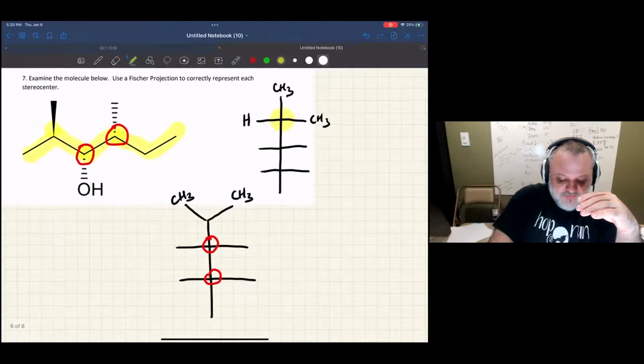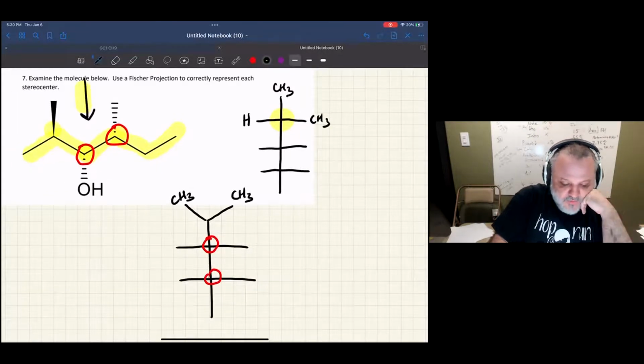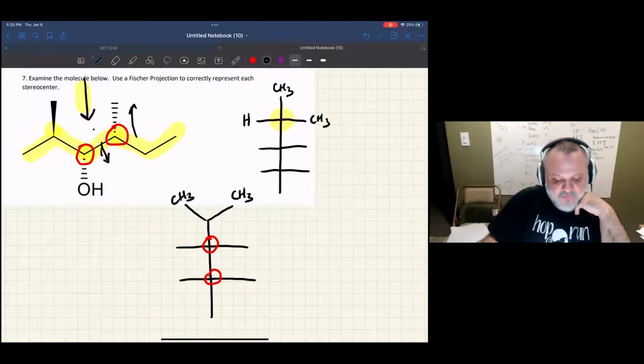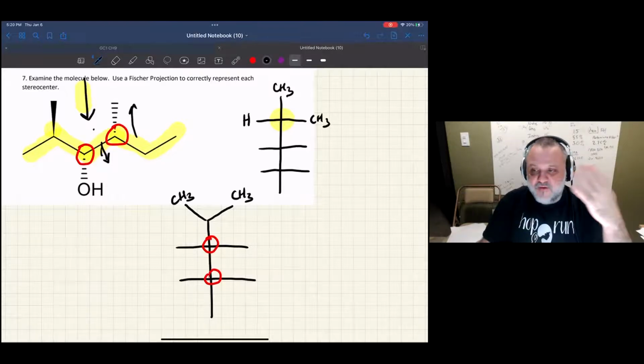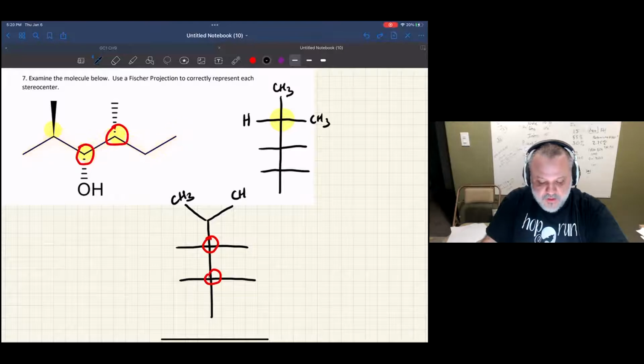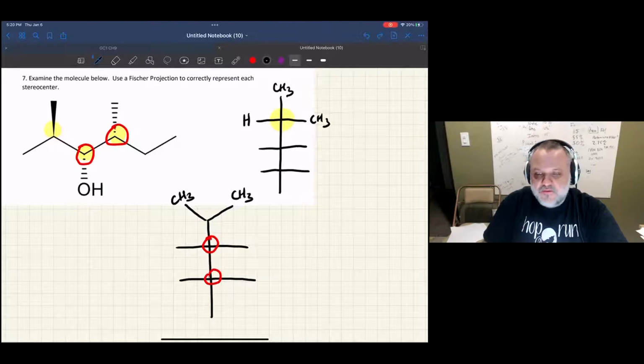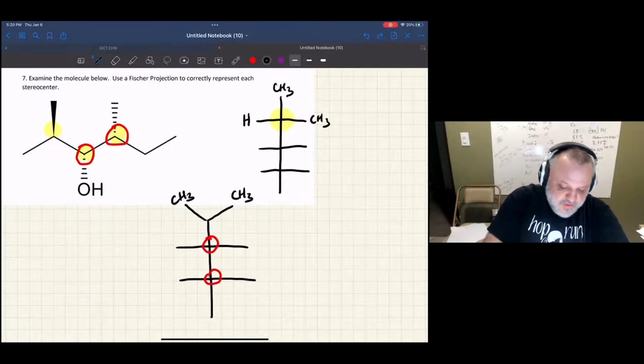So if I were to look straight down on the molecule, this bond would be going towards the looker, but this bond would be going away from whoever was looking. And so this isn't actually a correct representation of a Fisher projection. So what you really have to do is translate the stereochemistry correctly.